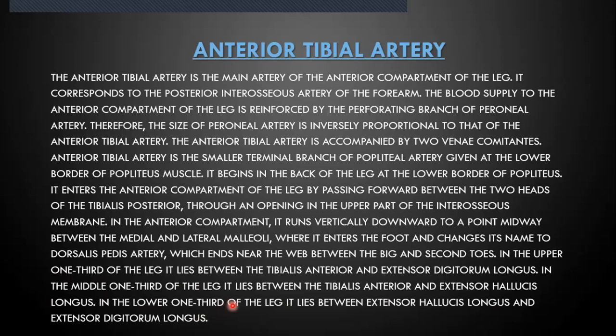So why is this happening? Because the extensor hallucis longus crosses the artery from lateral to medial as it goes to insert into the distal phalanx of the big toe. So that is why you should know these relations.